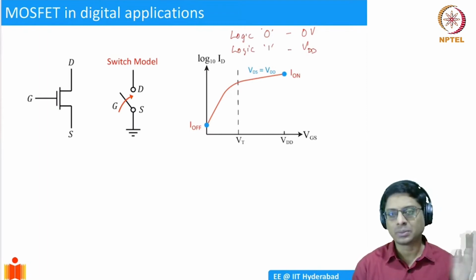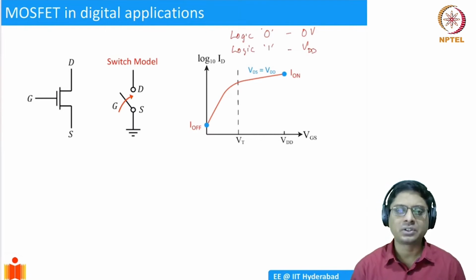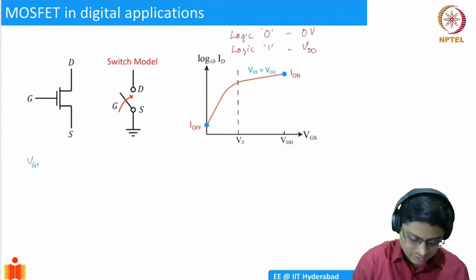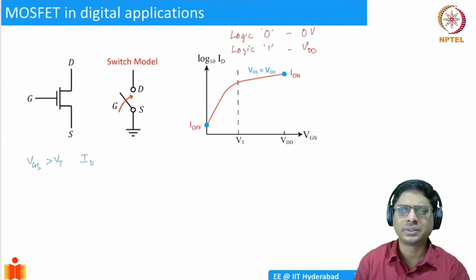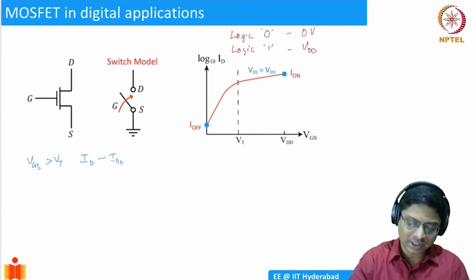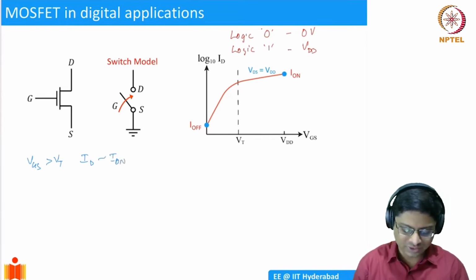So we saw that when you apply a gate voltage above a threshold, the MOSFET conducts, and we'll call it the on state. So if I put my VGS greater than VT, ID is some number. Let's call it ID on, or I on, which is a better name, when the transistor is on.